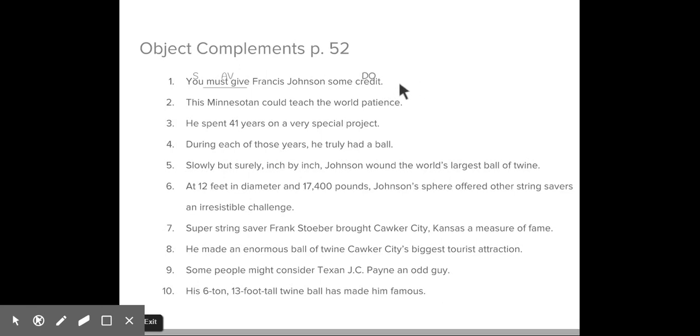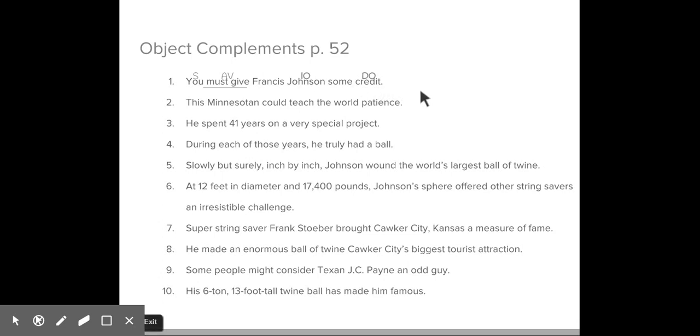You can't have an OC if nothing is there. You could have an IO if something is in front of your DO. Does it make sense to say you must give credit to Francis Johnson? Sure does. So Francis Johnson is our IO. You must give credit to whom? To Francis. That's how indirect objects work.